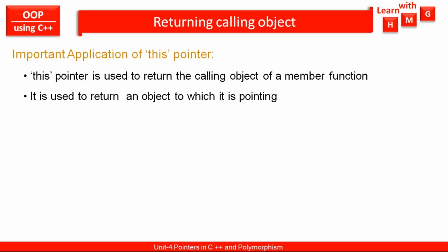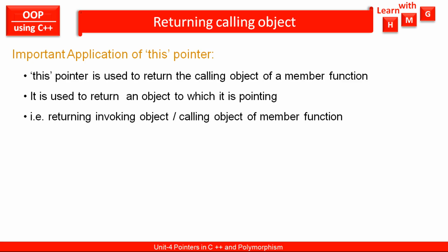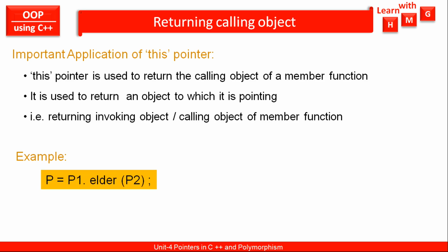So it is used to return the object to which it is pointing. In terms of pointer, the object will be written, that is returning the invoking object or calling object of a member function. The calling object is also called the invoking object because it invokes the member function using the object dot function format. Let us see the example.